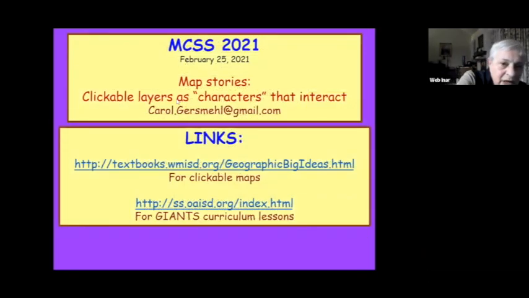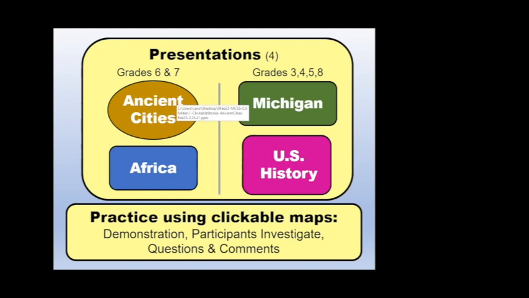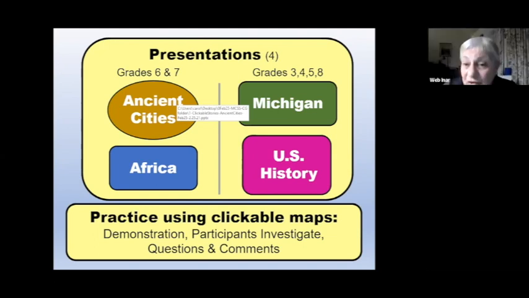I will escape. Okay. Should I double check if there are any questions, or do some of you teach lower grades? In which case, I can go to Michigan, which we use in grades 3 and 4 of Giants.